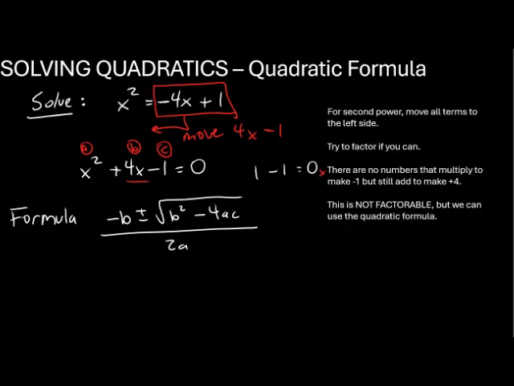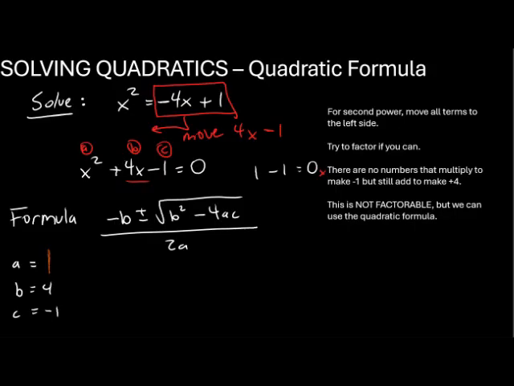We'll write that below for clarity. Our x squared term has no coefficient, so our a is the invisible 1. Our x term has a 4 in front, so b is equal to 4, and our constant c is negative 1.